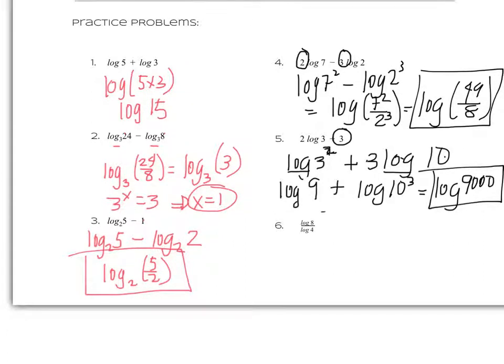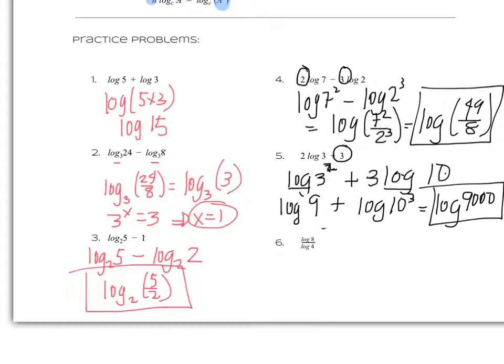So we're going to try this problem right here. We see we have log 8 over log 4. And part of you might say, let's use a subtraction rule, but what we notice is there's a log on the top and a log on the bottom. So just like usual, we want to get the same base.